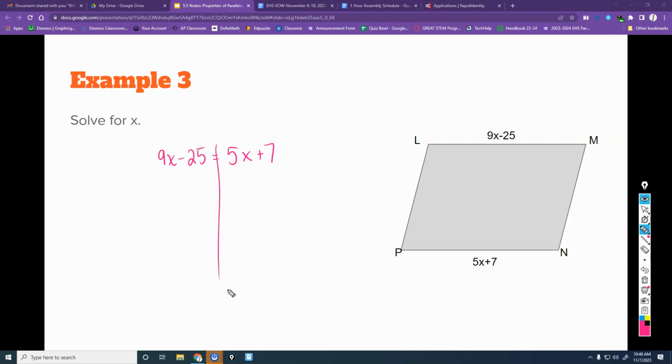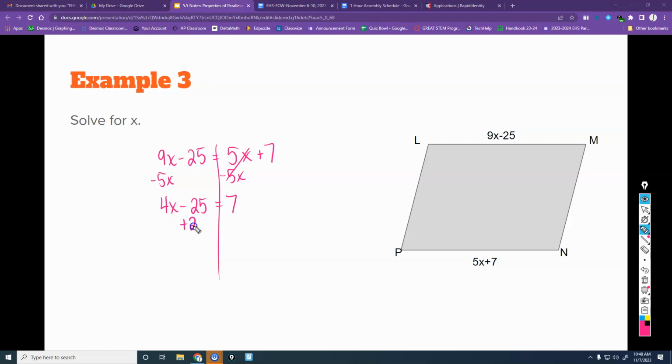So, Drew, how would I solve that equation right there? Okay, once we do that, what should we do? Okay, how do I move it? Good, we'll subtract our 5x. That will give me 4x minus 25 equals 7. All right, what comes next, Drew?